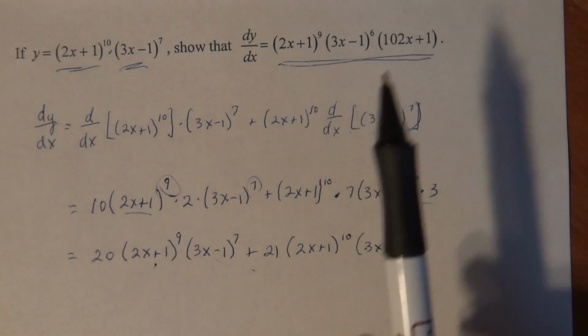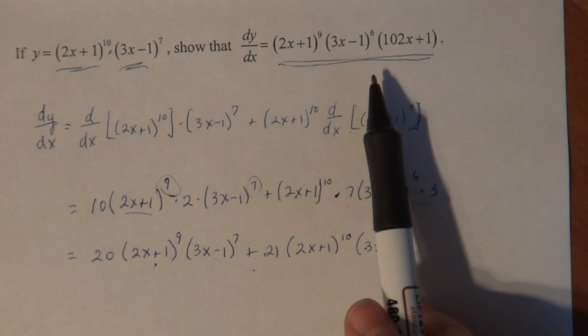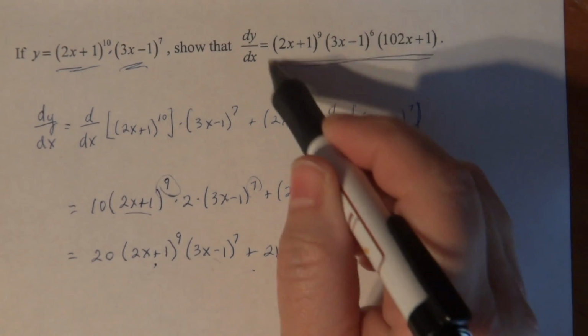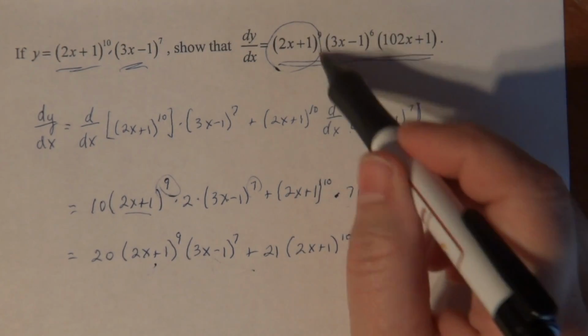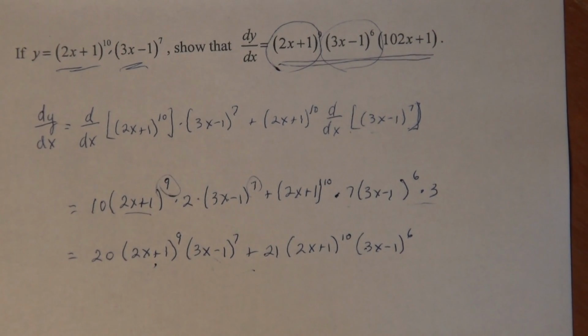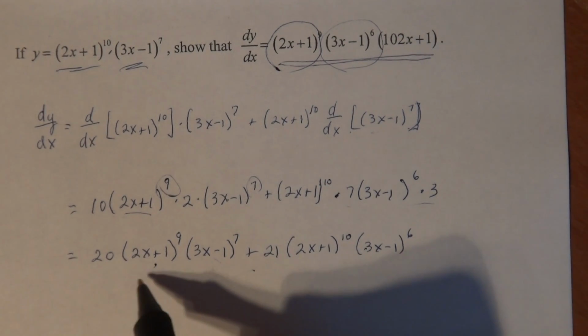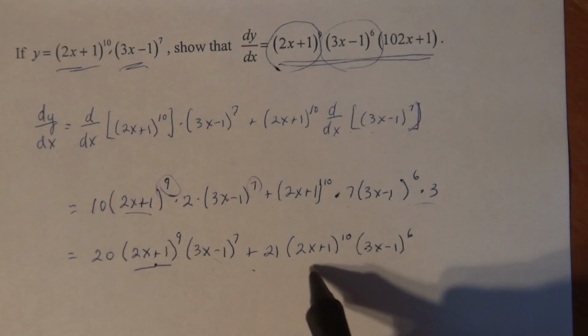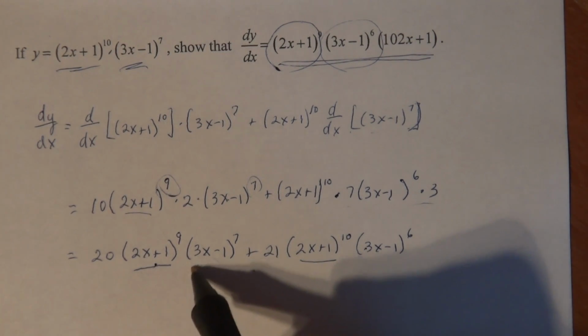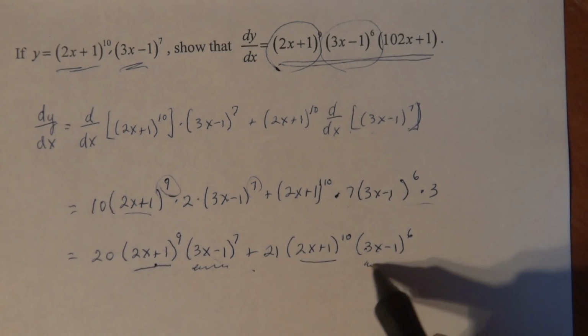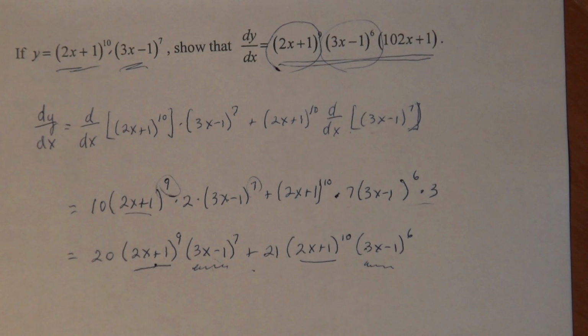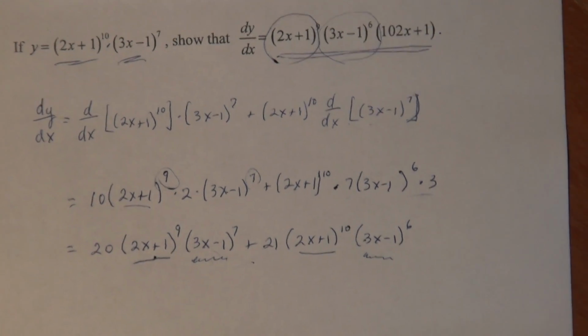That's a lot of terms that doesn't look anything like this. But I do notice that there's a (2x plus 1) to the 9th and a (3x minus 1) to the 6th sitting there. And I notice that that's a common factor here, and it's also a common factor here. So maybe factoring out common factors would be the right idea.